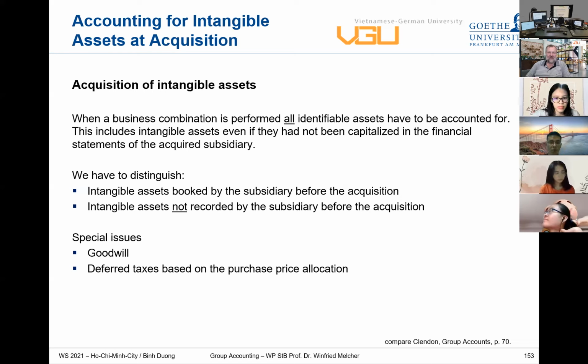You will not allocate purchase prices to the assets, so they will keep the book values of those things, even in the tax books. So if you put higher values on the assets in your consolidated financial statements, the difference between book value and tax value will increase, and therefore you have to reflect higher deferred taxes.